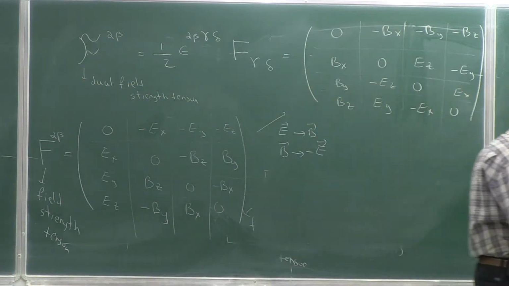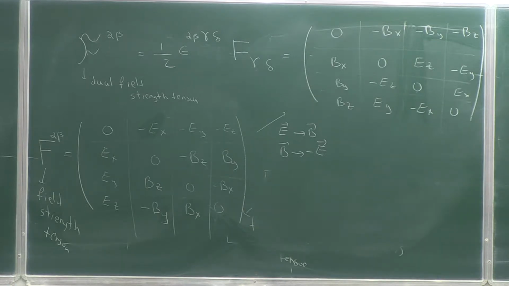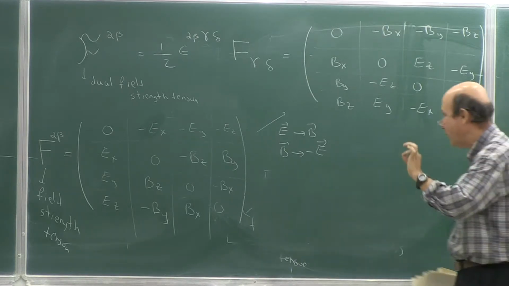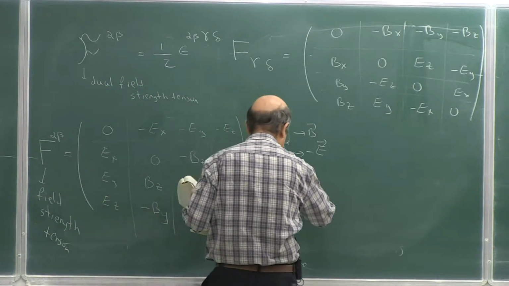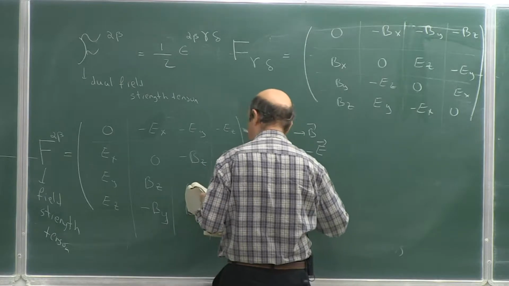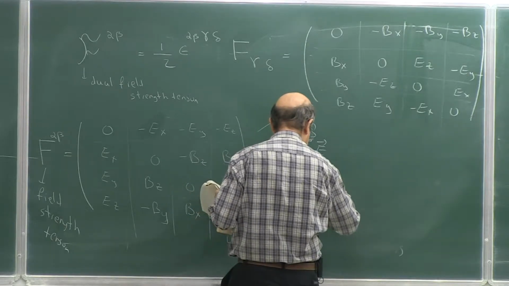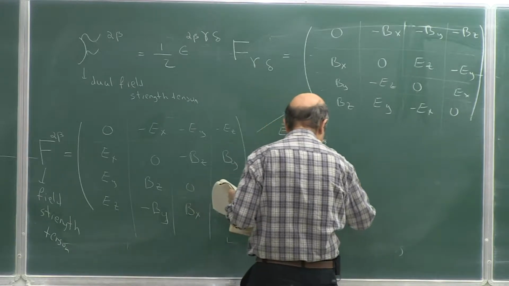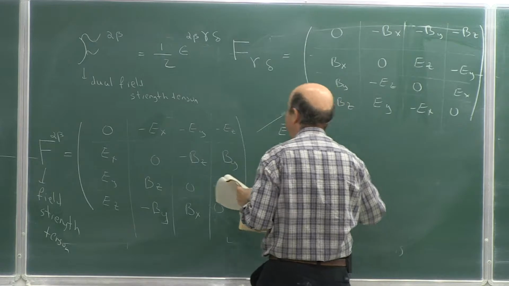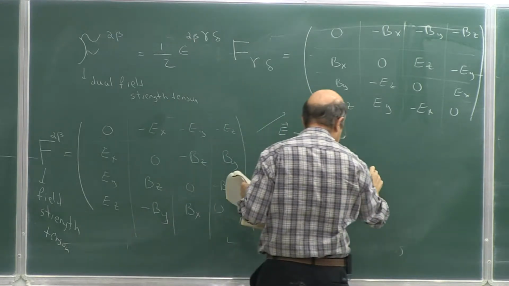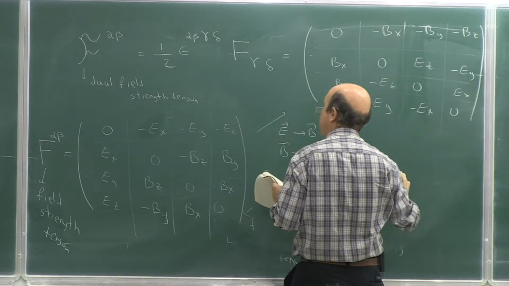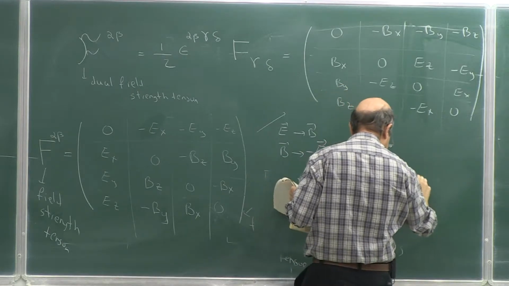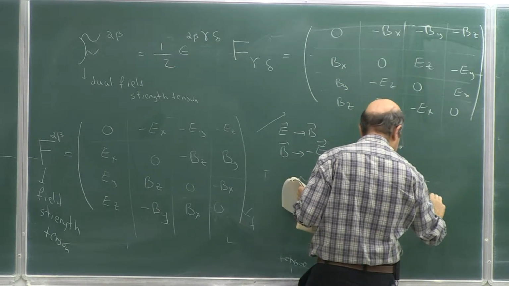So with these tools, we can determine the Maxwell's equations. But before doing that, let me show you one component of F dual alpha beta. Let me show you one component, F tilde 0, 1, for example. By the definition, that is equal to 1 over 2, free indices 0, 1, and contracted indices gamma delta, F gamma delta.